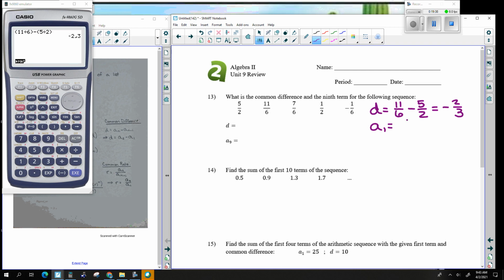A1 happens to be 5/2. Explicit formula is difference, n, then A1 minus D, so that is 5/2 minus -2/3. 17/6.